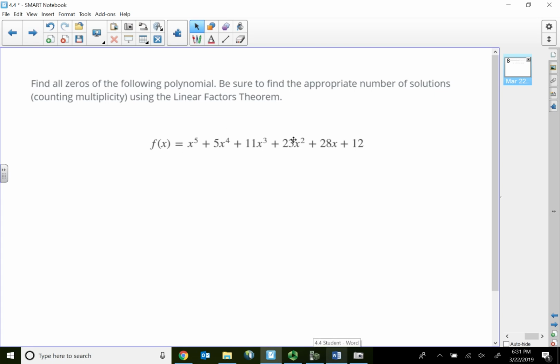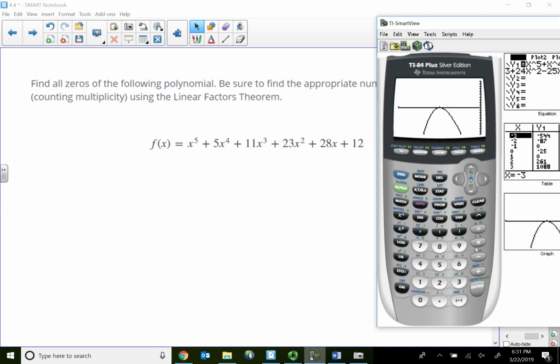But if I do my P over Q, I'm still good. Q is 1, so all my potential rational zeros are going to be integers. So I'm just going to go ahead and graph.